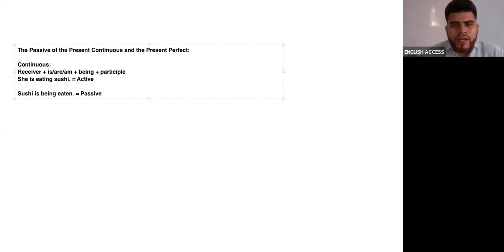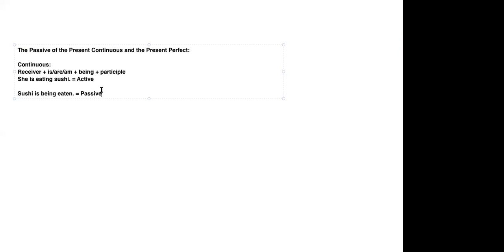So, Ismail, what changed here? Okay. In the active sentence, sushi was at the end or after the verb. And now sushi is where? The first part.